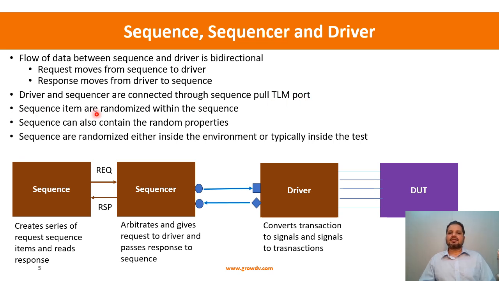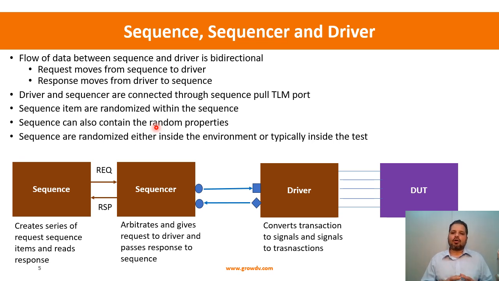The sequence items are randomized within the sequence, which we have already defined, and the sequence can also contain random properties. These random properties could be used for generating some number of sequence items, or to set limits for the properties used within the sequence item. For example, I want to generate a length between, let's say, 5 bytes to 32 bytes.